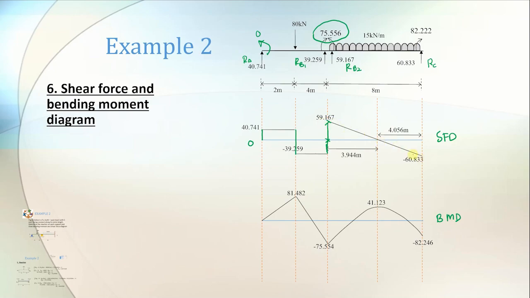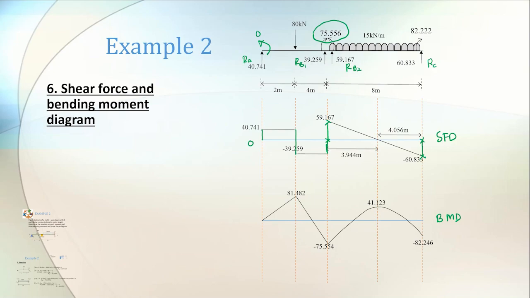That's why you get this slanted line going down like this. So 59.167 minus 120, it is negative 60.833. And then for RC, you see the next force 60.833 positive, going up, so it goes up again to zero. Then as you can see here, it will start with 0 and end with 0, that is correct. If not, something is wrong somewhere in your SFD.